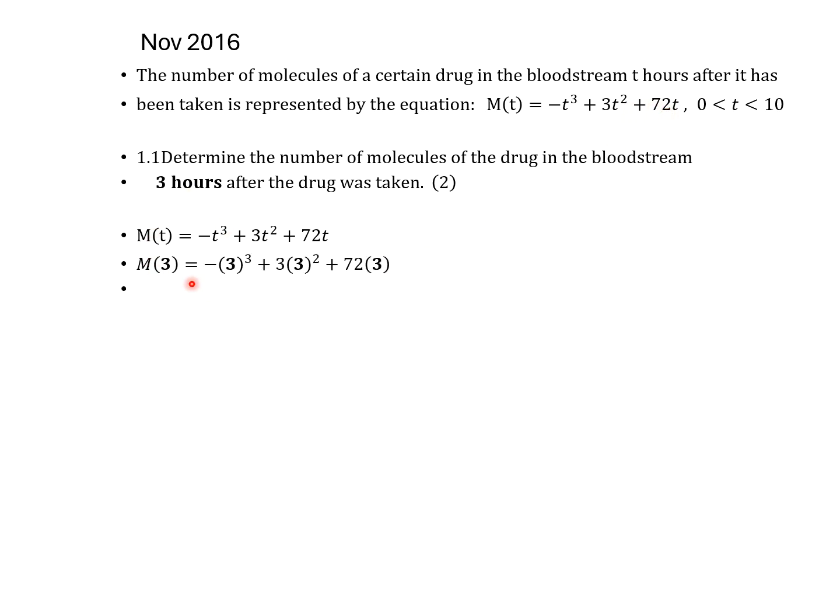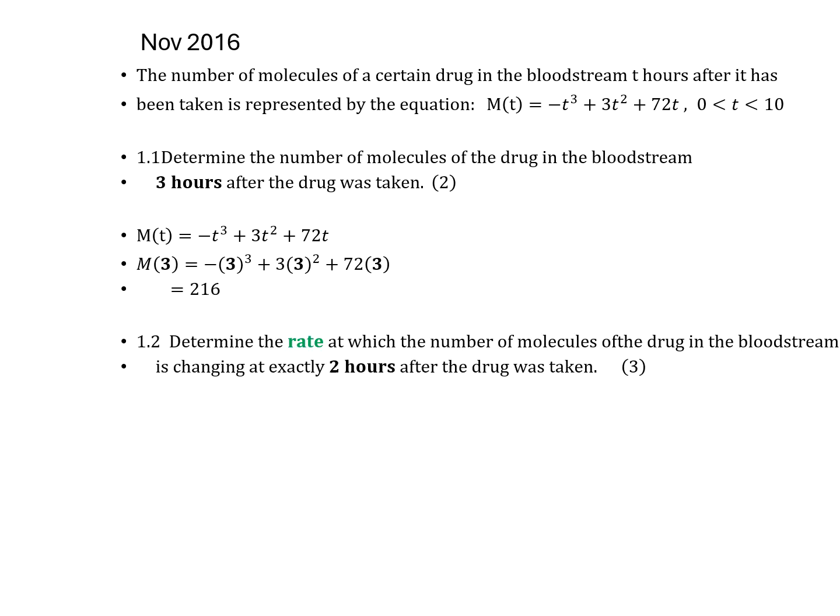So M(3) equals minus 3 cubed plus 3 times 3 squared plus 72 times 3. That gives 72 times 3 is 216, then minus 27 plus 27 cancels, so I have 216 molecules in my bloodstream.